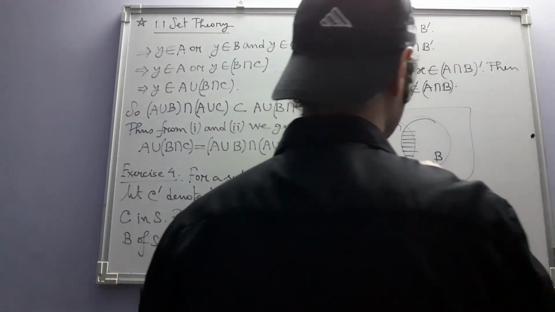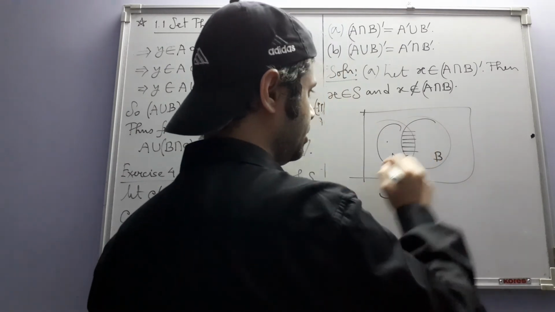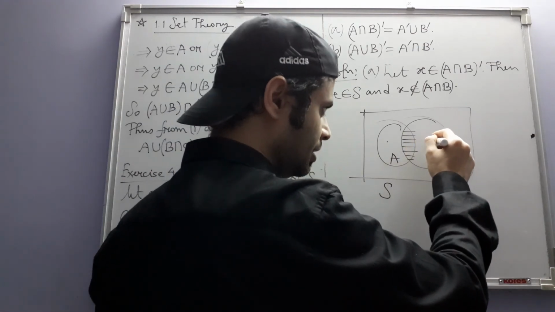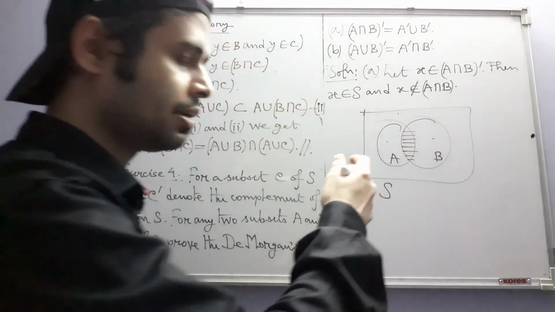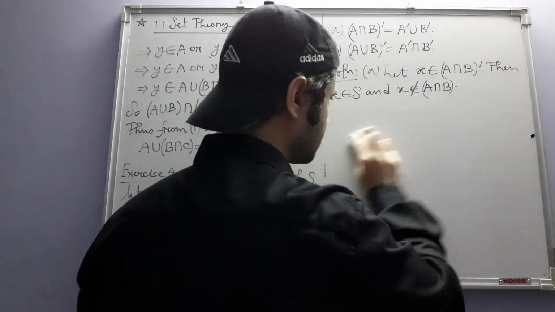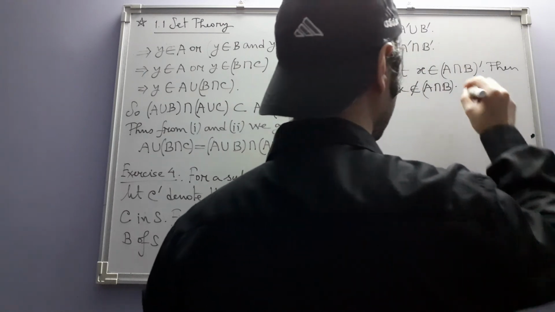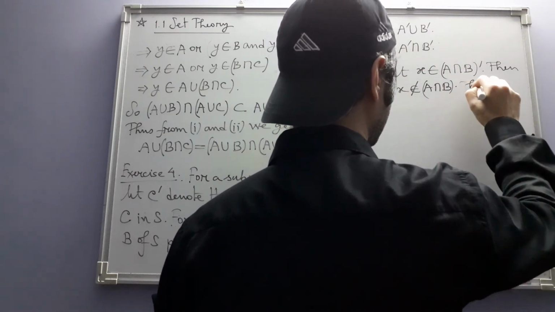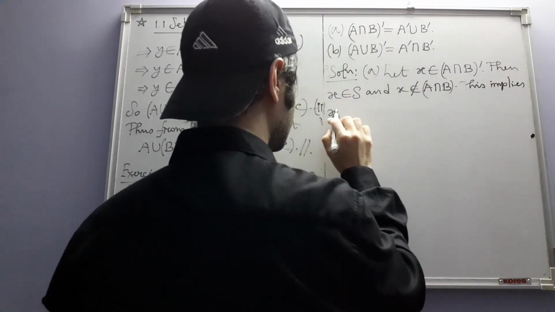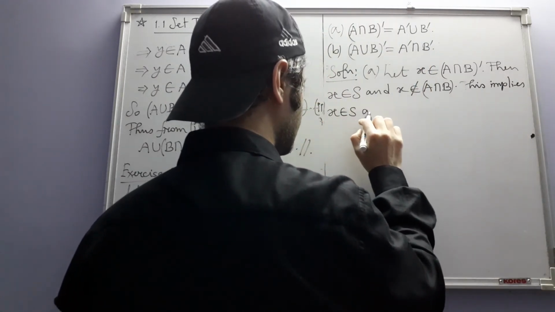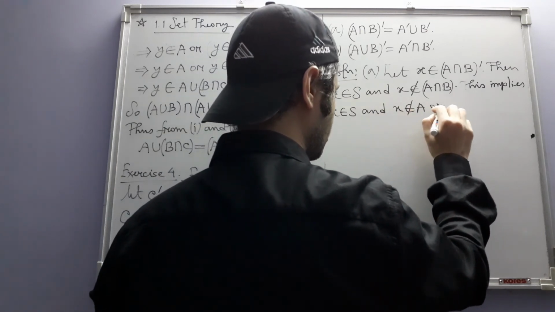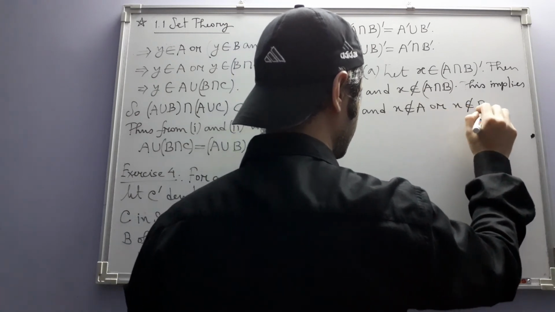So that's why X can be here or here. Here X is in A but not in B. Here X is in B but not in A. Here X is in neither of them. So this implies X belongs to S and X does not belong to A, or X does not belong to B.